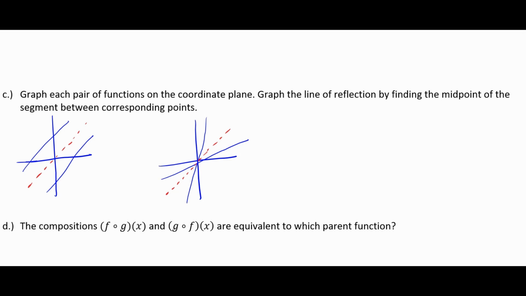And then lastly, our last sketch, we have x cubed, and then we have the cube root of x. Let me try that again. There we go. And again, that line of reflection is going to go straight through the middle, y equal to x. So that's what we want to see, 3 graphs for that one.